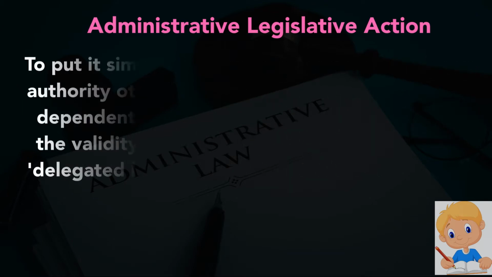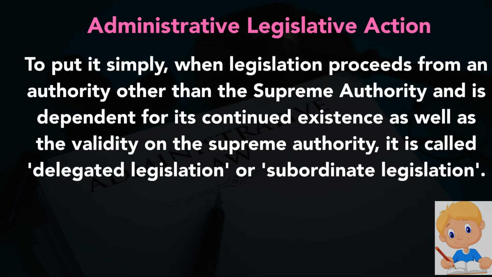That is, to put it simply, when legislation proceeds from an authority other than the supreme authority and is dependent for its continued existence as well as validity on the supreme authority, it is called delegated legislation or subordinate legislation. We have already understood the meaning of delegated legislation, so don't get mesmerized with this complicated definition.